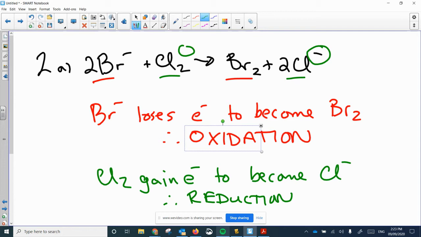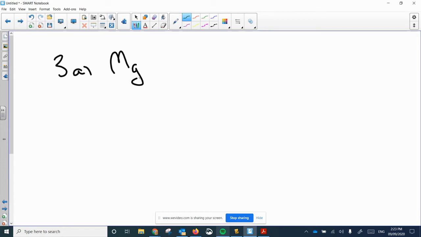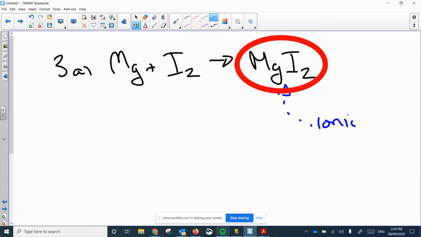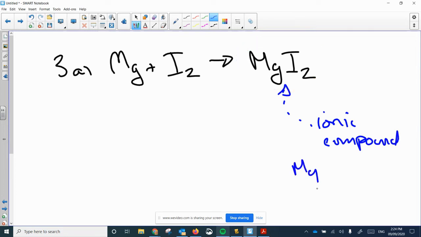All right, let's take a look at question number 3. Something we have to remember here is that this is an ionic compound comprised of an Mg2+ ion and an iodide, I1-, ion. In this scenario, magnesium will lose electrons.